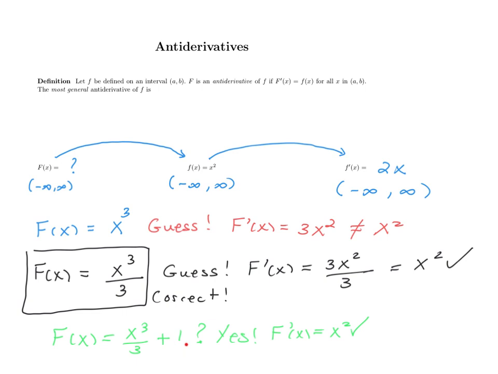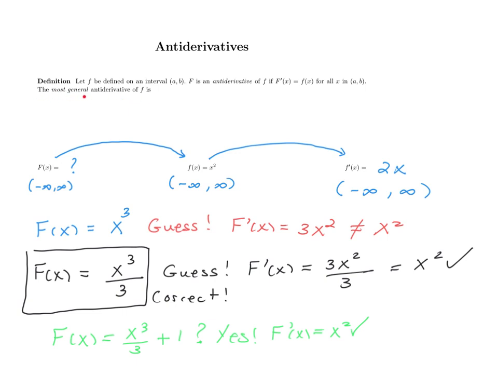In fact, I could have put any number here. I could have put 7, -4, pi squared. As long as the thing that you put here is a constant, when you take the derivative, it will become 0, taking us back to the same answer. This brings us to the second part of this definition.